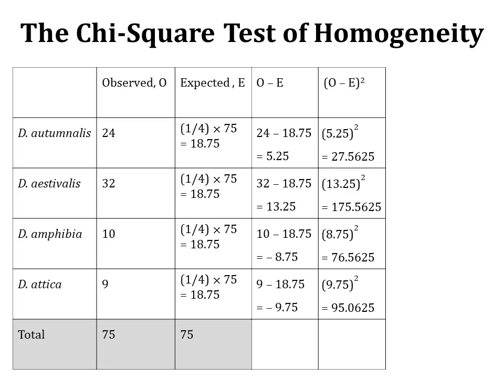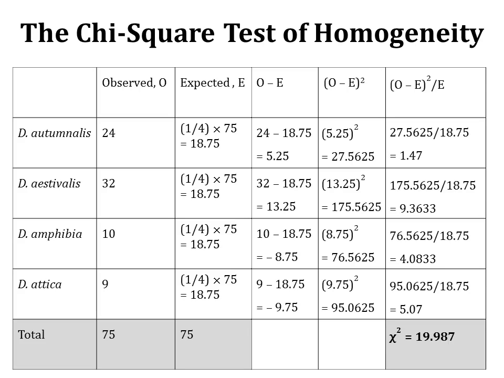So we take the square of these individual values: the square of 5.25, the difference of observed and expected frequency of Dixella autumnalis; the square of 13.25, for Dixella aestivalis; the square of 8.75, for Dixella amphibia; and the square of 9.75, for Dixella erica.